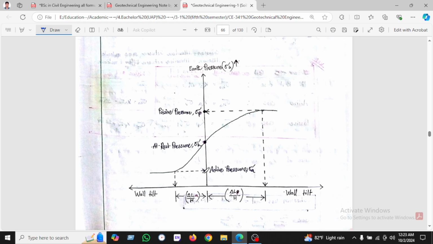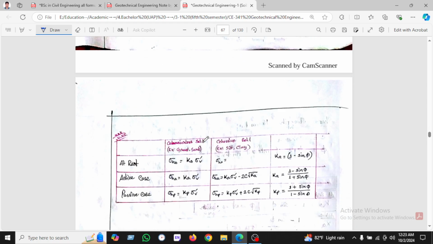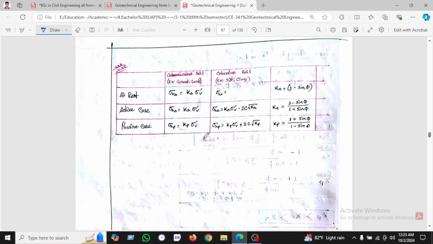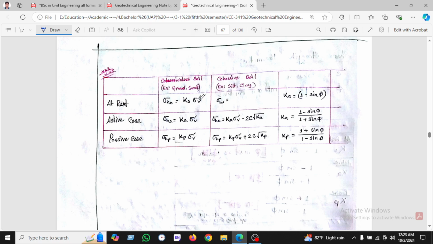This is the vertical earth pressure, this is horizontal, and the passive case pressure intersects here and the rest condition intersects here. These are the formulas I have already shown you, but I am saying them again because the formulas are very important. For the rest condition: cohesionless means sand, and cohesive means silt and clay.